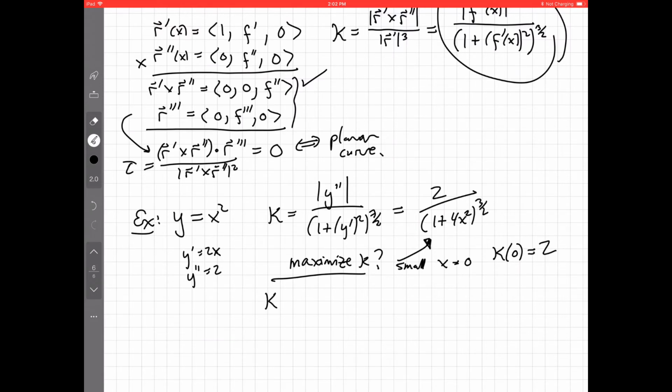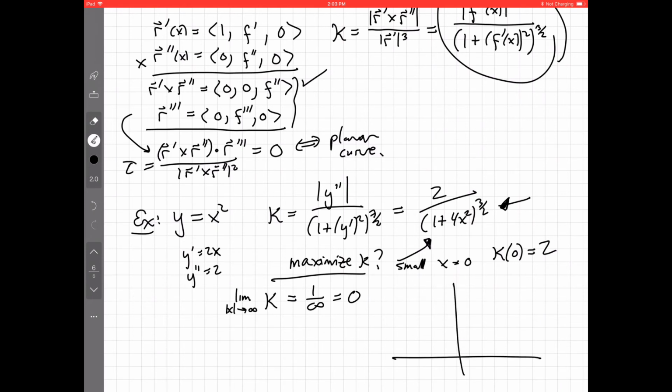What happens to the curvature as x moves away from the origin, as the absolute value of x increases? Well, then this denominator here is getting really, really big. The numerator stays fixed, so it's basically becoming 1 over infinity. It's 0, right?